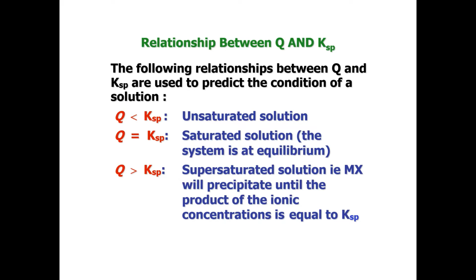Is any precipitate formed? No. Not until Q is bigger than KSP. Then only the excess amount will form the precipitate, and the solution above the precipitate is equal to the value of KSP. So you can only form precipitate when the concentration you add forms a supersaturated solution.